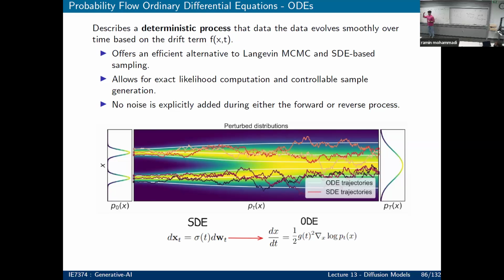You saw the SDE version, which is a stochastic differential equation. Then you have this ODE, ordinary differential equation. What you see in these trajectories, the red is stochastic. The white is ODE, always fixed, one direction. Similar, now this kind of gets the flavor of what?